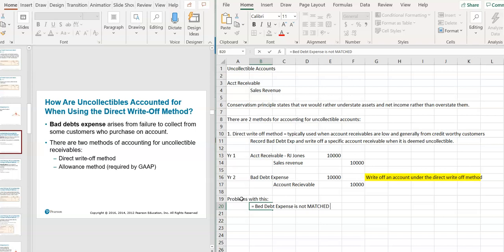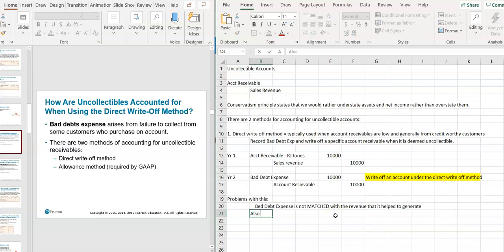Bad debt expense is not matched with the revenue that it helped to generate. The sale was actually in the previous year, and now I have an expense in year 2. So my net income in year 2 is understated. It looks like I earned $10,000 less in net income, but really this bad debt expense came from year 1. The matching principle is not being applied.